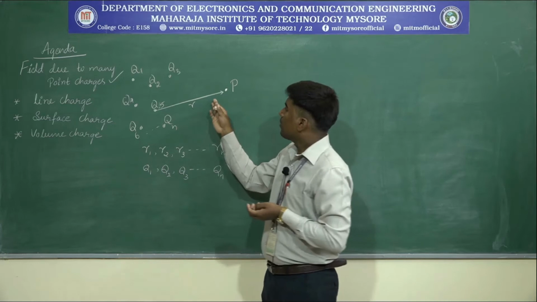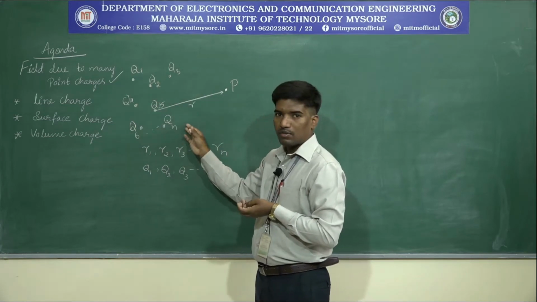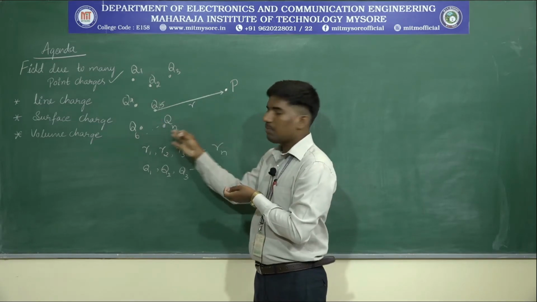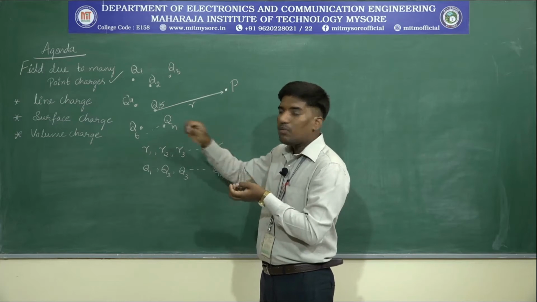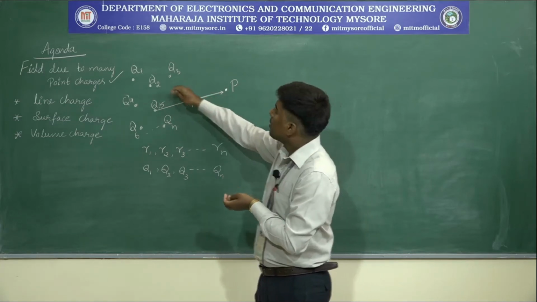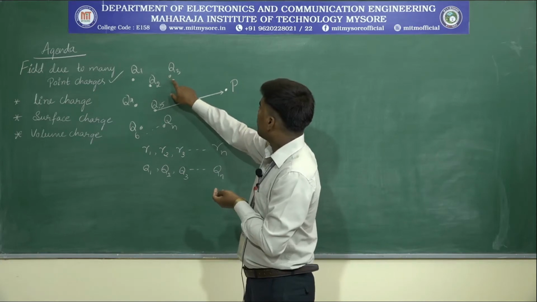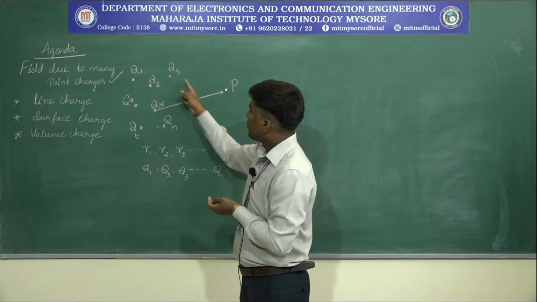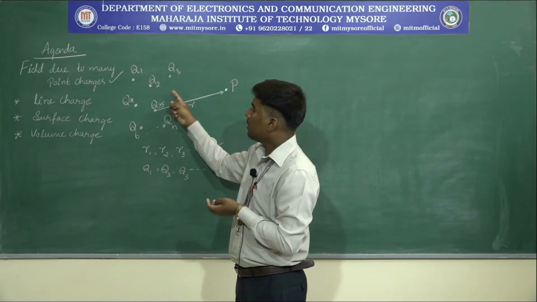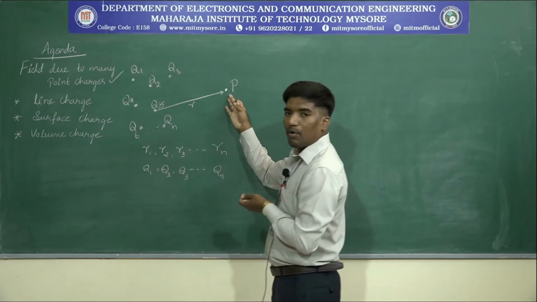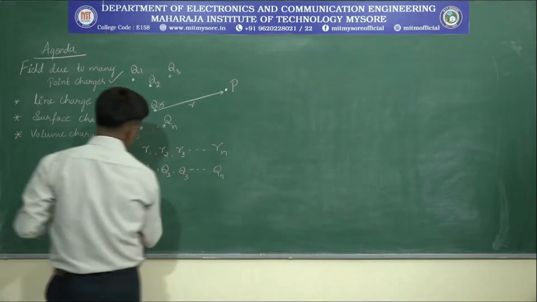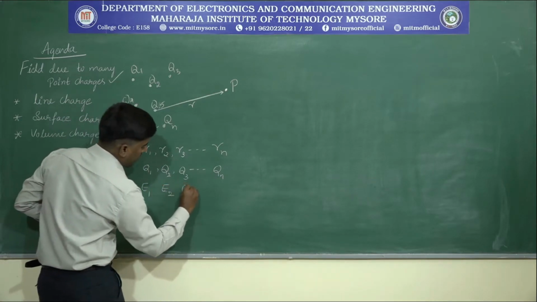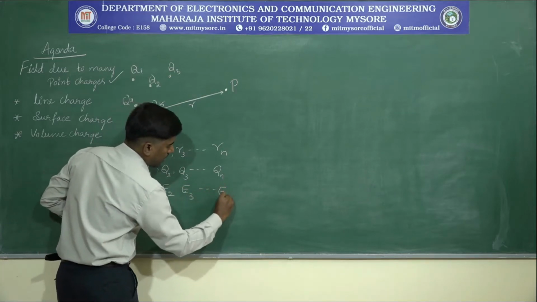I'll repeat. Whenever multiple sources are available, the resultant outcome from all the sources is equivalent to the sum of the individual responses. In this case, the electric field effect at point P is equivalent to the sum of all the individual electric field intensities at point P, which are E1, E2, E3 up to En.